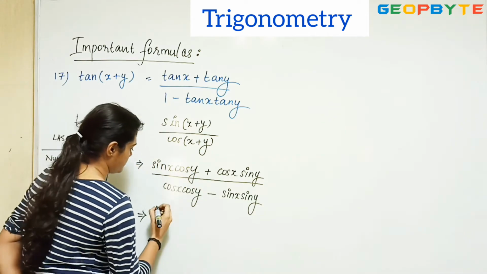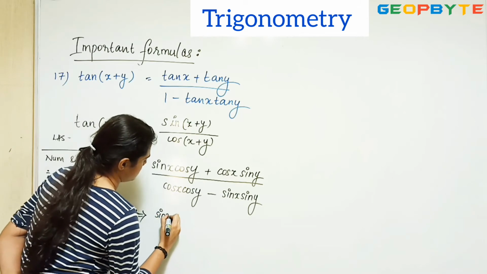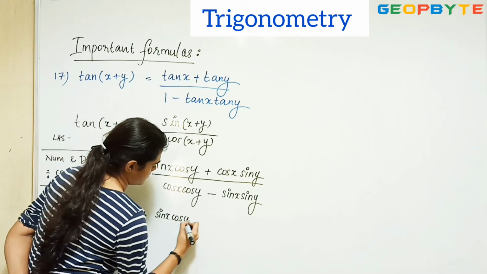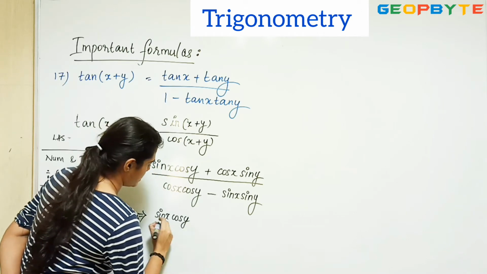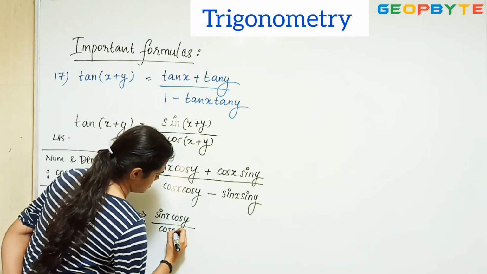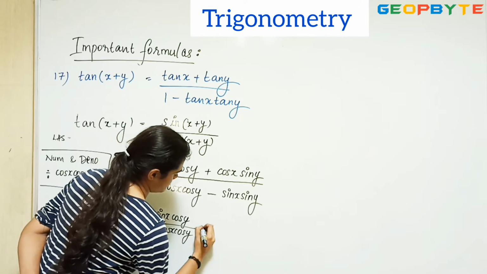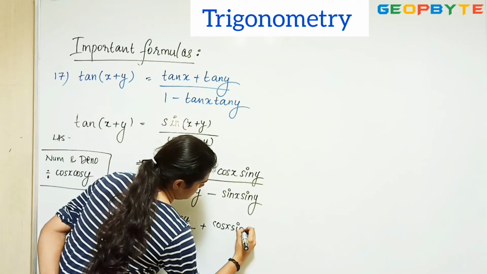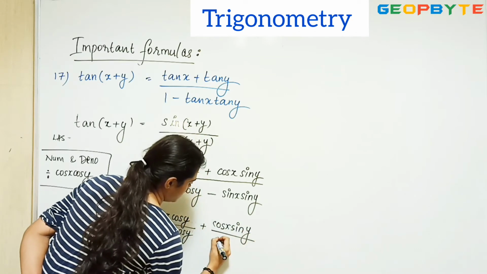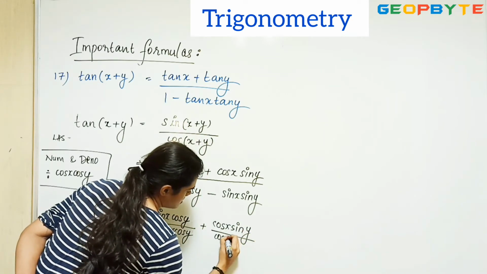So how will you do it? Sin x cos y by cos x cos y, plus cos x sin y by cos x cos y.